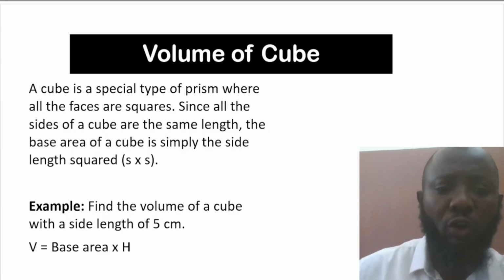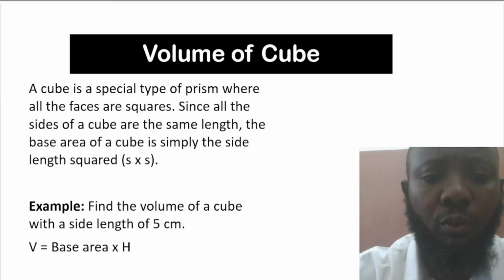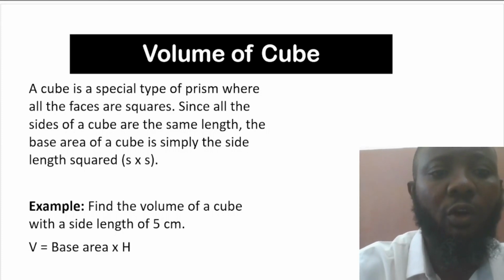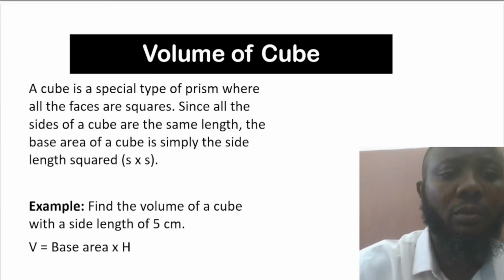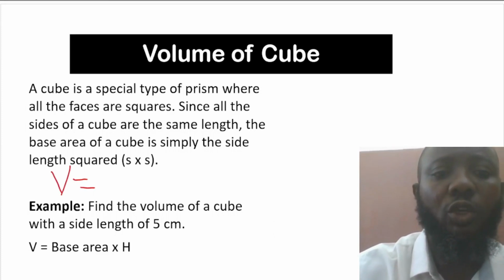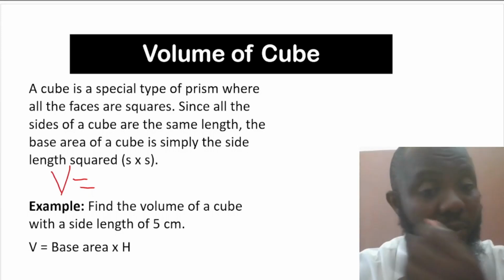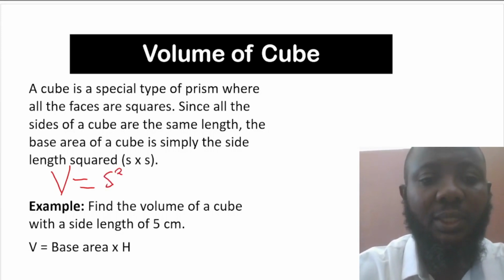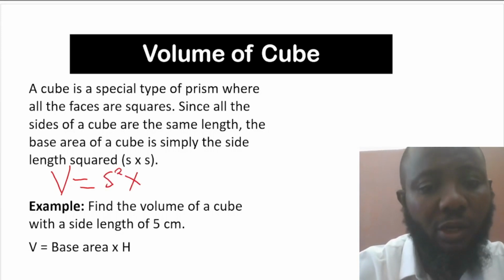So the volume of a cube is the base area, S squared, times the height. The height itself is also S.